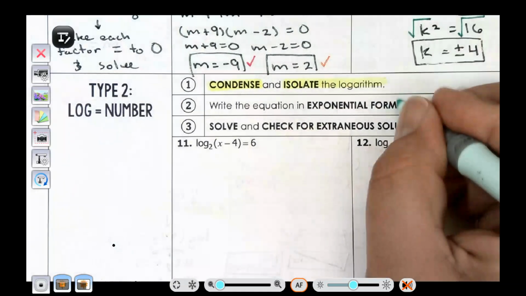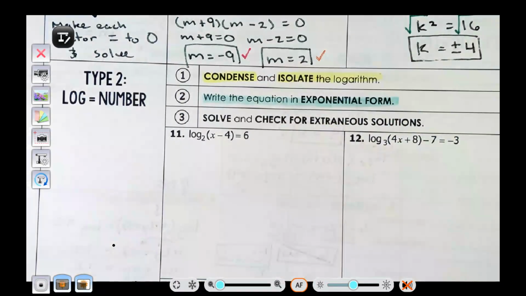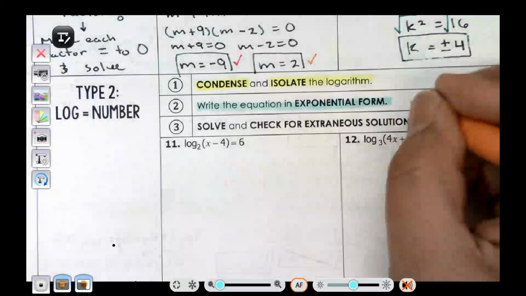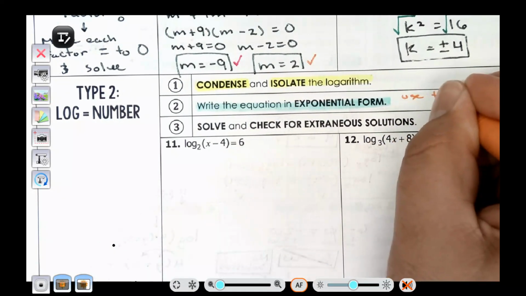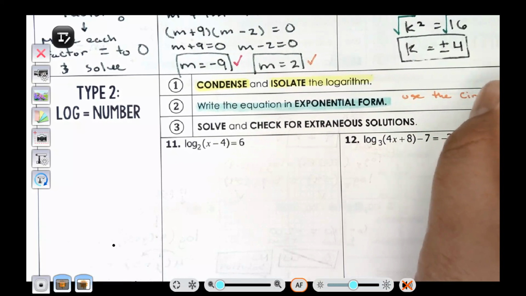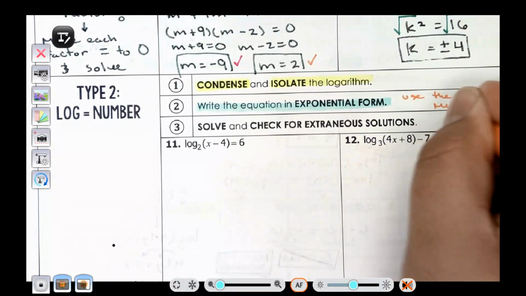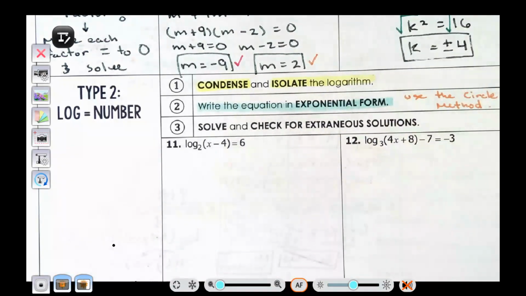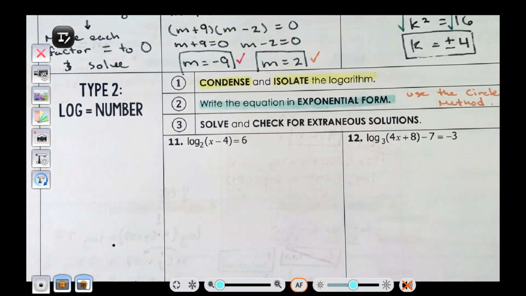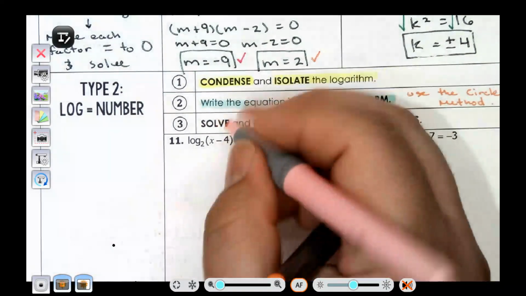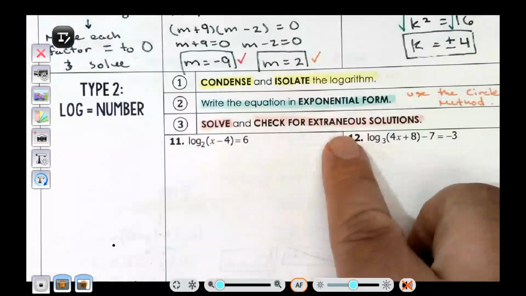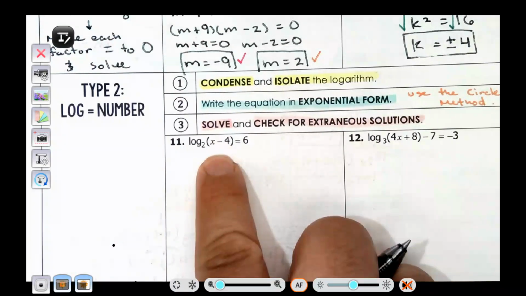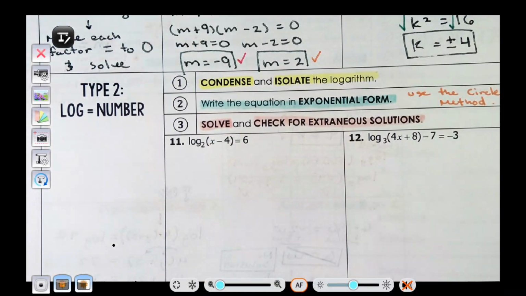What they're saying here is, well, use our circle method, right? If it's a log, use the circle method to change it back to an exponential. And then once you do that, since it's an exponential, we'll do what we did with exponentials. Just solve it. Watch out for extraneous. You still have to check for that because the original question still has a log.